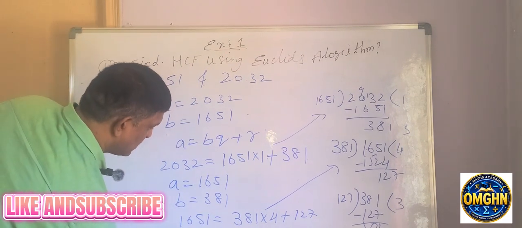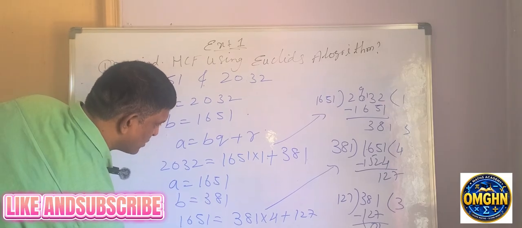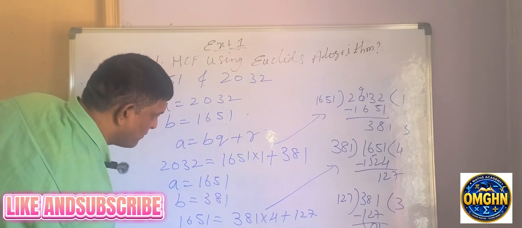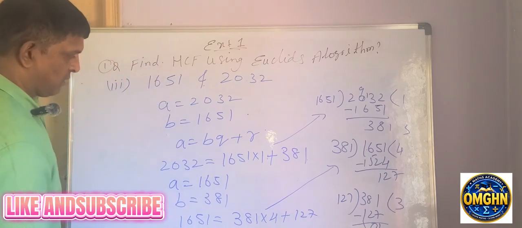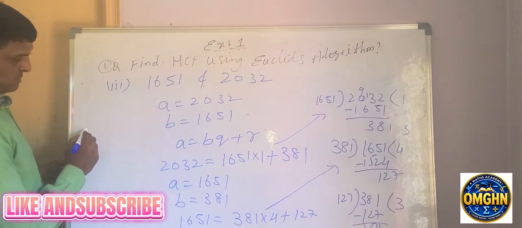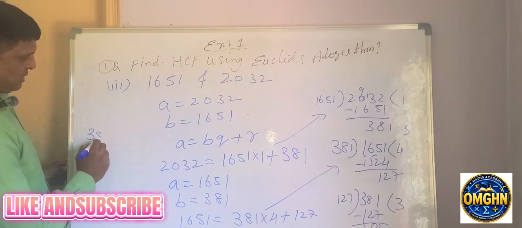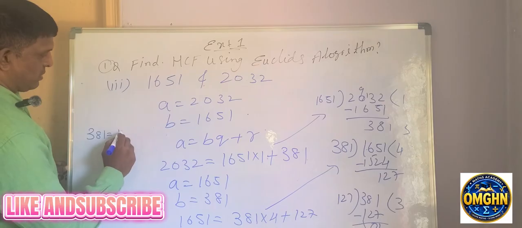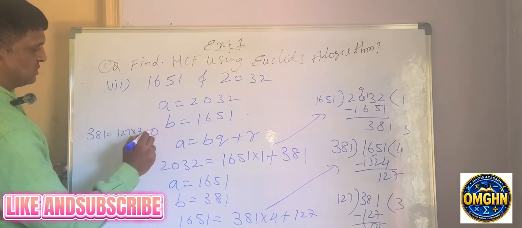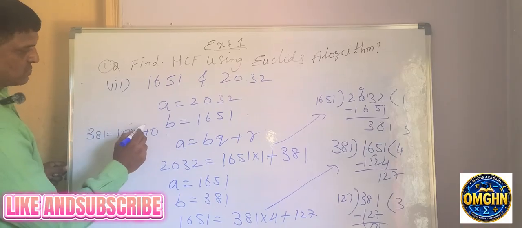That is A is equal to 381, B is equal to 127. Now applying the formula here, 381 equal to 127 into 3 plus 0.